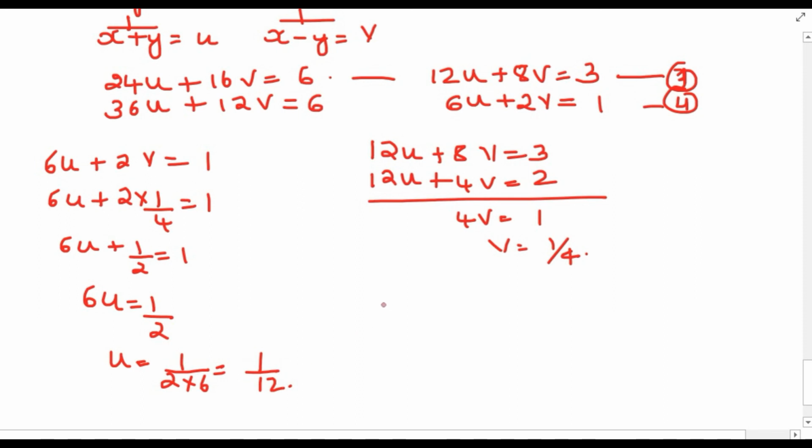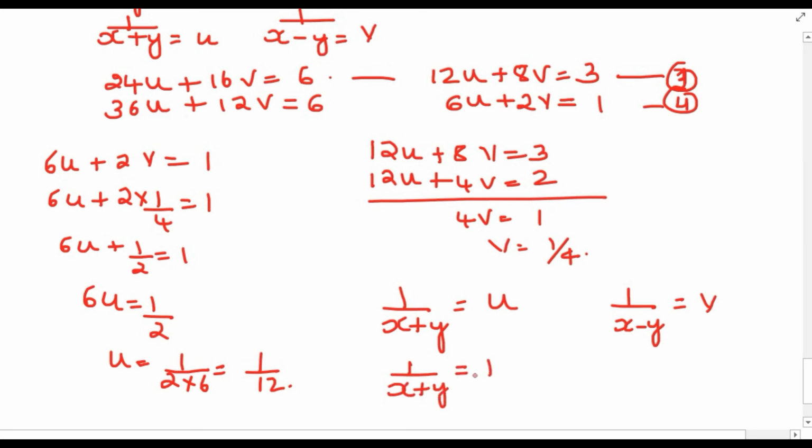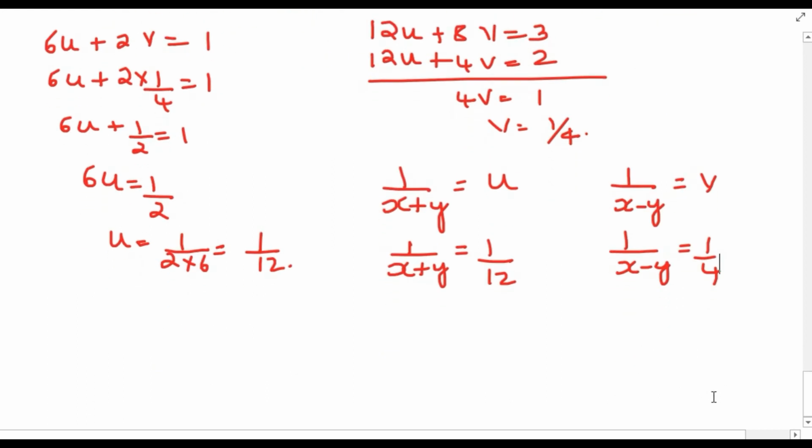And we have taken 1 by x plus y as u, and 1 by x minus y as v. So for 1 by x plus y, we got the value of u as 1 by 12, and for 1 by x minus y, we got it as 1 by 4. So x plus y is 12 and x minus y is 4.